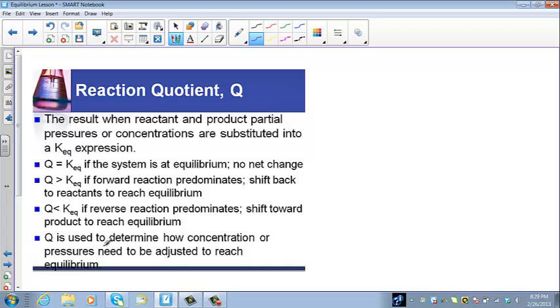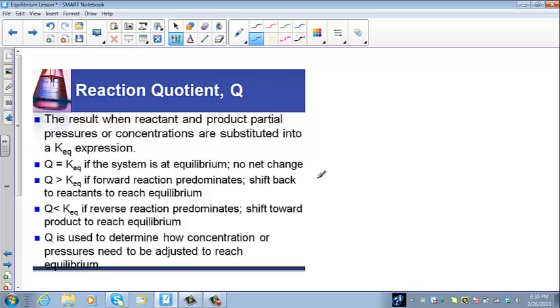Okay, the reaction quotient, Q. The result when reactant and product partial pressures or concentrations are substituted into a KEQ expression.